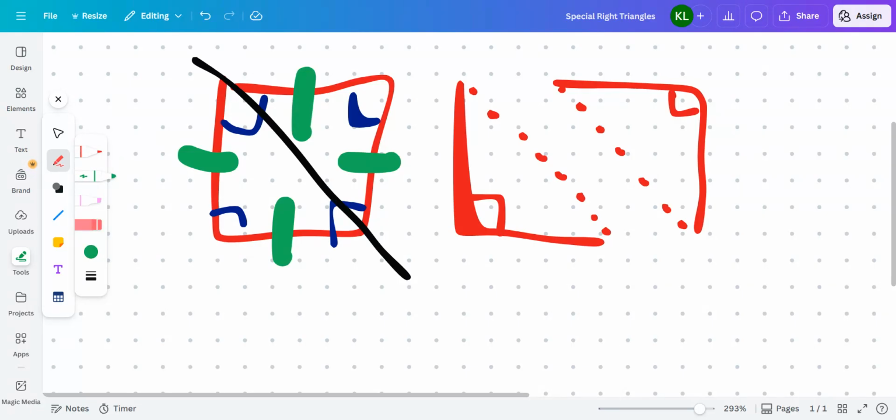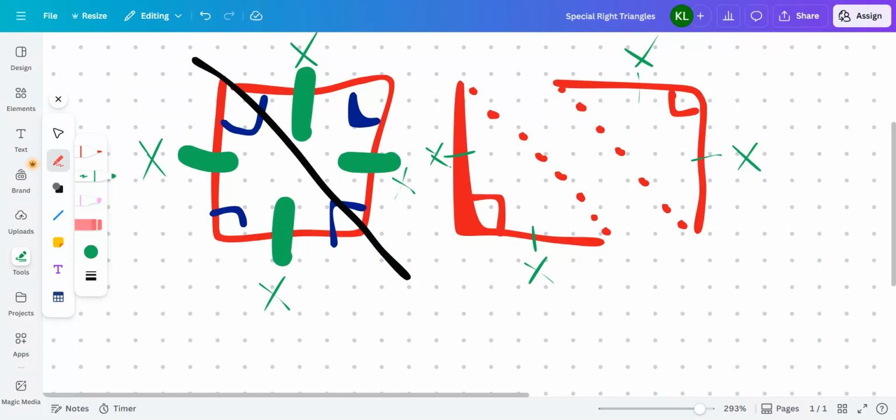If we think about those, these side measures are all congruent, so let's say they're x, just hypothetically. Then it's true that this is x, this is x. This is the measure of x, and this is the measure of x.